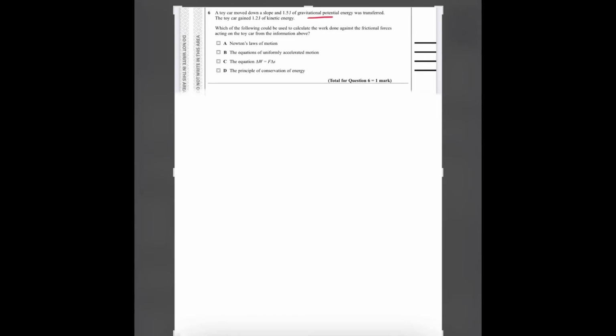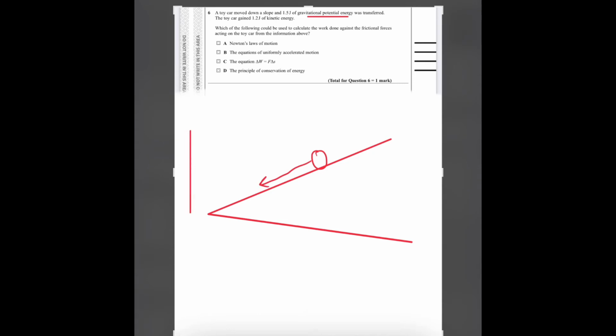We have 1.5 joules of gravitational potential energy, and it is moving down a slope. A slope may be like this. There is a car and the car is moving downwards, and for example, this is the height H. So GPE, gravitational potential energy, equals mgh.